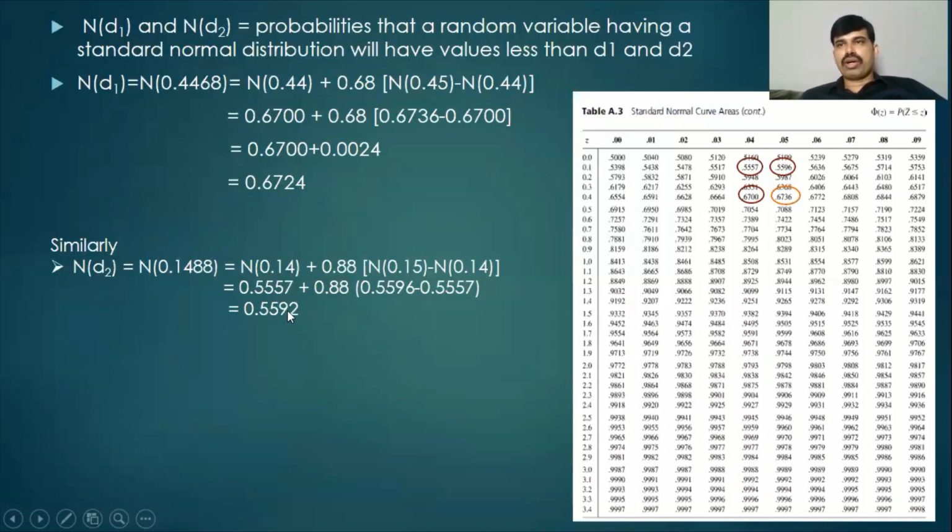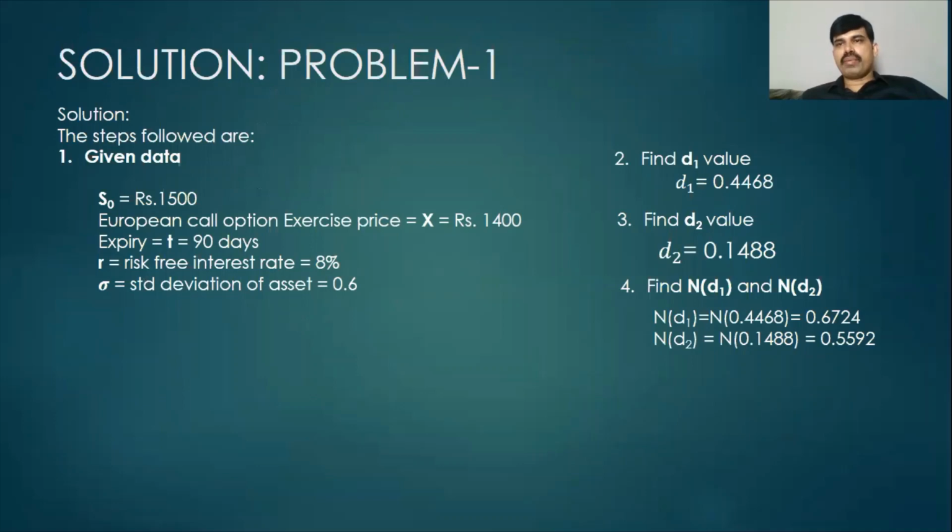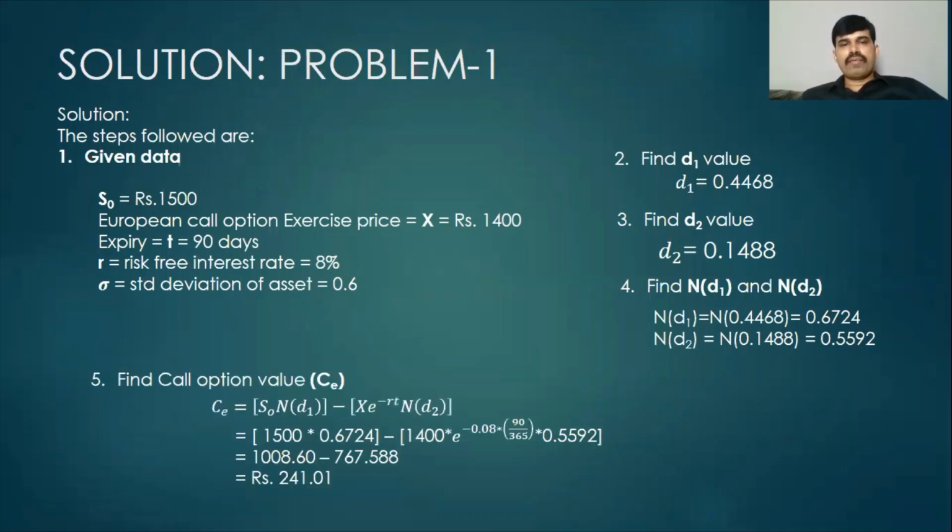So once you have got the value of ND1 as well as ND2, we will substitute these values of ND1 and ND2 into our call option equation, which is nothing but the spot price minus the discounted value of the exercise price. ND1 is always associated with spot price, ND2 is always associated with the discounted value of the exercise price.